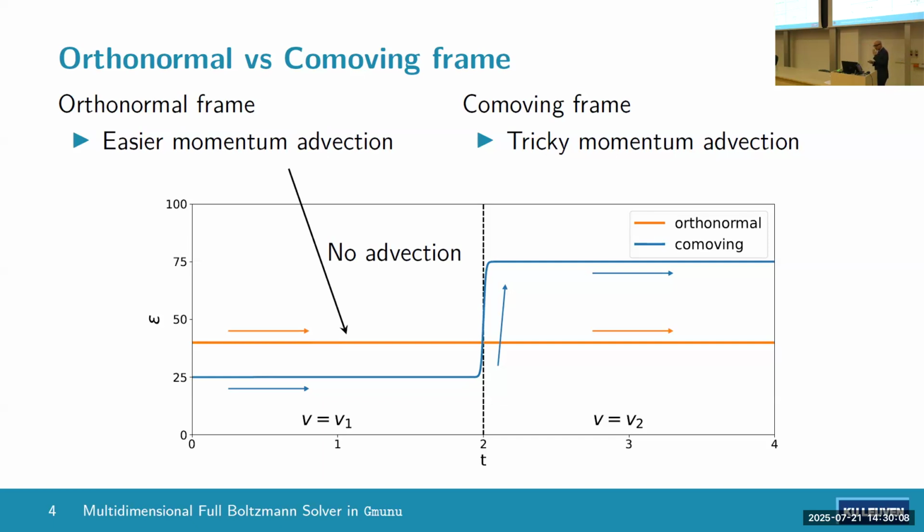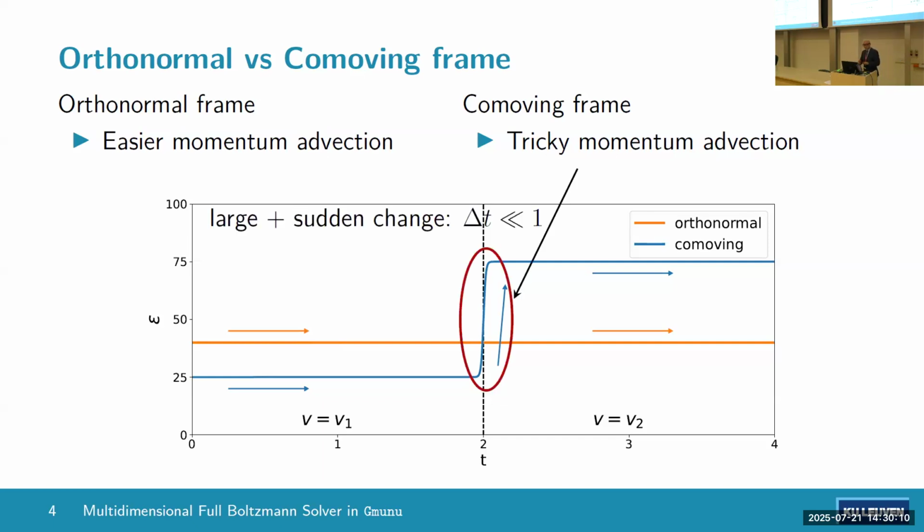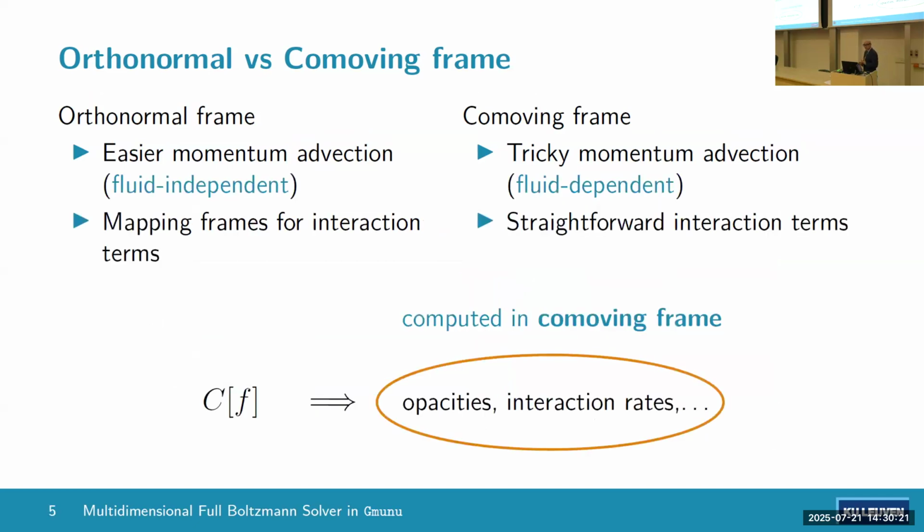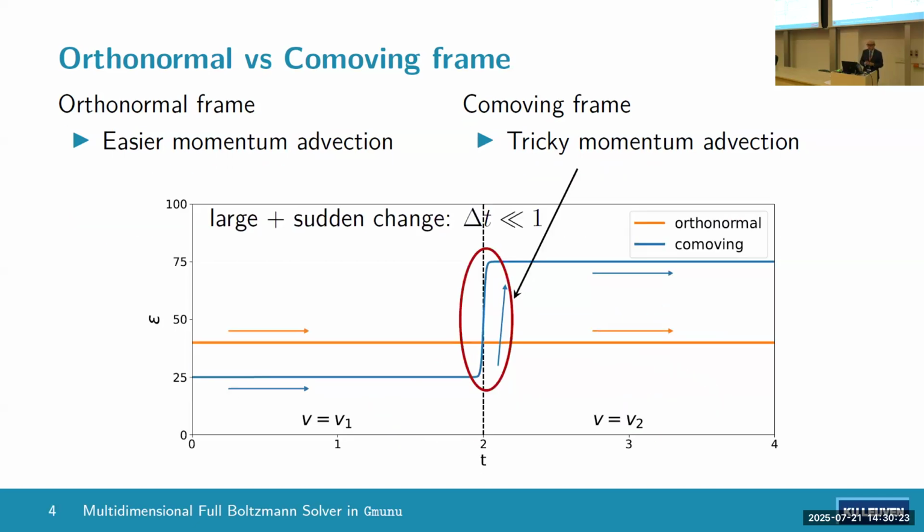Of course, in the co-moving frame, things become trickier because you have a large sudden change. In a very small span of time, there's a large change in the velocity. So if you do this in a co-moving frame, you need to be able to resolve this, and take into account that the momentum of your neutrinos changes from one side to the other.